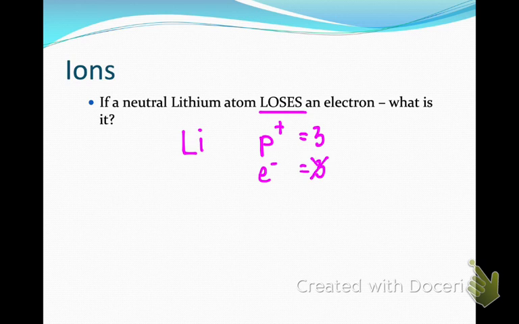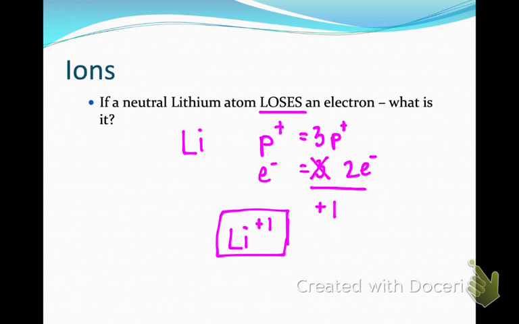And so now it's not 3, but only 2 electrons. That would leave me with a charge of +1, right? 3 protons and 2 electrons would leave me with a charge of +1. And so I would write it as lithium +1. That would be my cation called lithium.